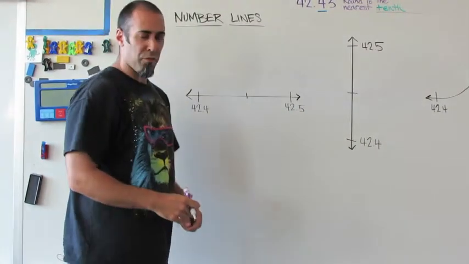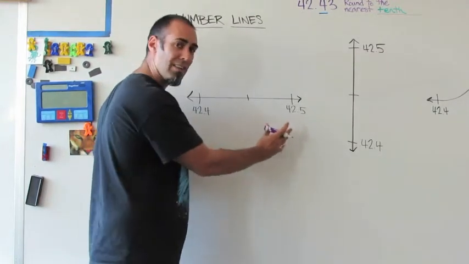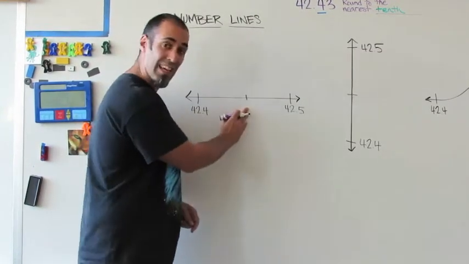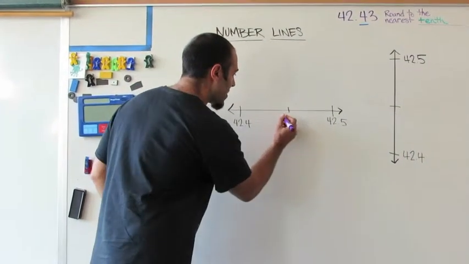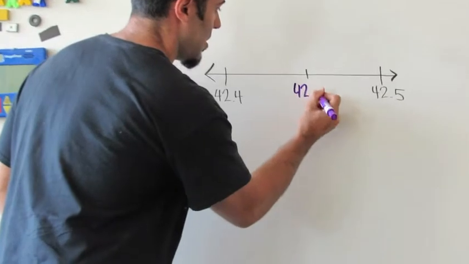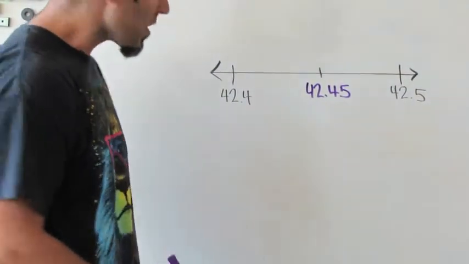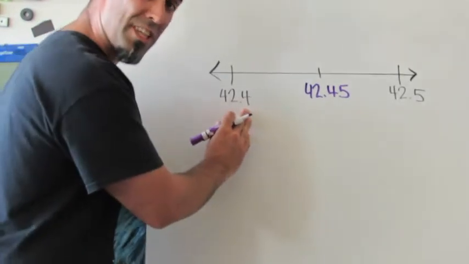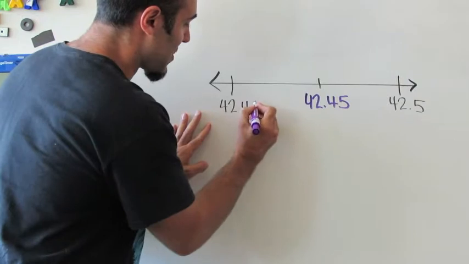So to figure out where 42 and 43 hundredths is on this number line, it helps to figure out what's in the midpoint. What is that midpoint right there? And that would be 42 and 45 hundredths. If we think of 42 and 4 tenths, anything to the right of that is going to be a 0.